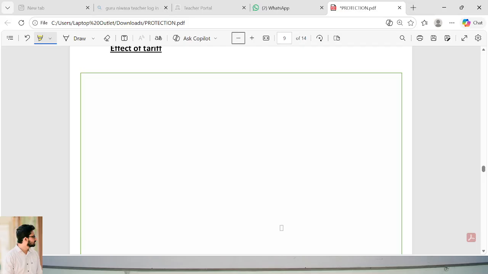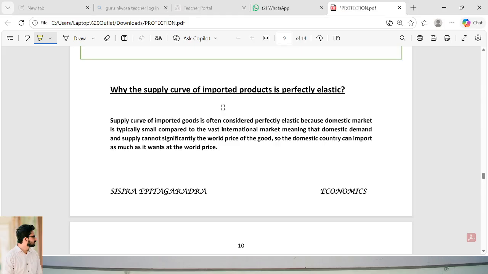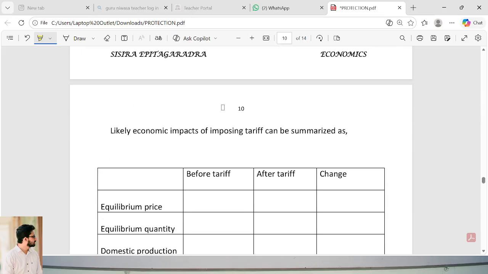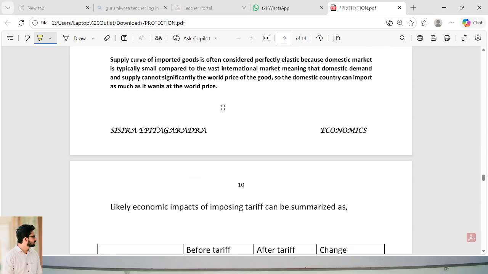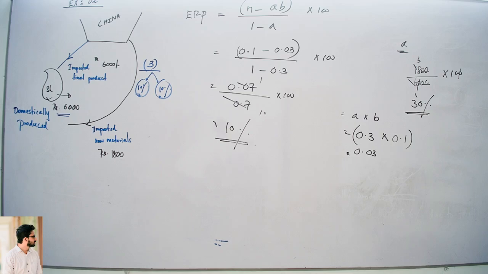Can you see the effect of tariff? Why is the supply curve of the imported product perfectly elastic? First of all, let's draw this graph. It's better to use your writing book, with the subtopic effect of tariff.